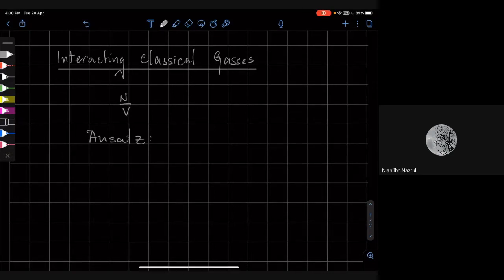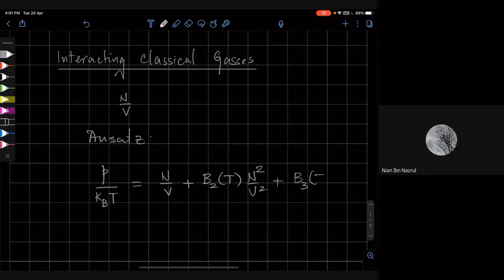So the ansatz is really not an ansatz, but more of a, we can always do this. So the pressure over kBT, the leading term is going to be n over v. And then there will be terms such as B2, a coefficient we have to figure out, times n squared over v squared, and then B3 n cubed over v cubed plus dot dot dot.